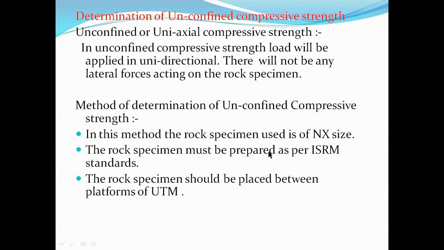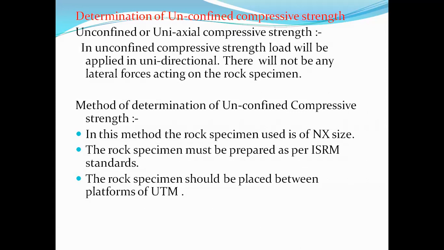If the exploration is performed using diamond drilling, then the size of the core that we get is NX size. It is a little bigger one. Next, the specimen has to be cut and ground, and prepared as per ISRM standards, so that you can perform the test in the laboratory.